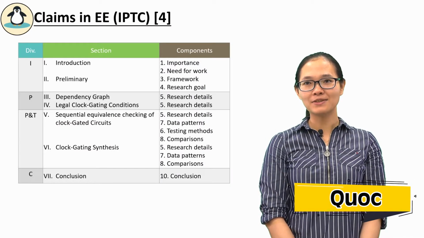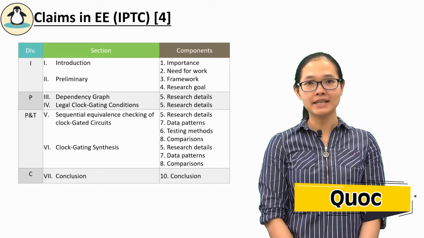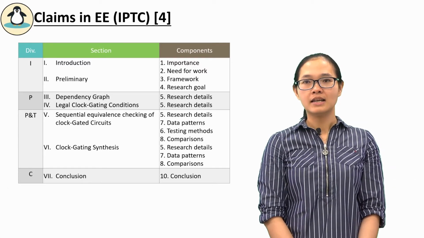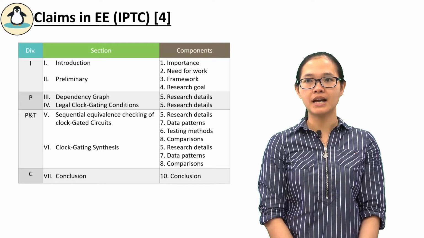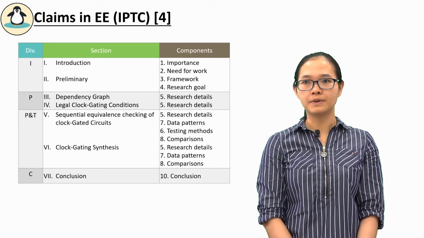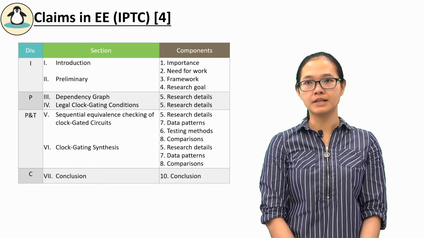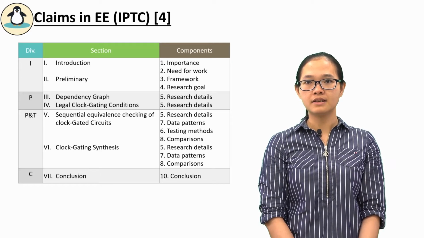Hi, in the electrical engineering article, usually they also have 10 components, but in this article they are missing the interpretation component. As you can see in the table, the first division, introduction, has the important need for work, framework, and research goal components. Usually the research goal should be in the first section. The second division is process.